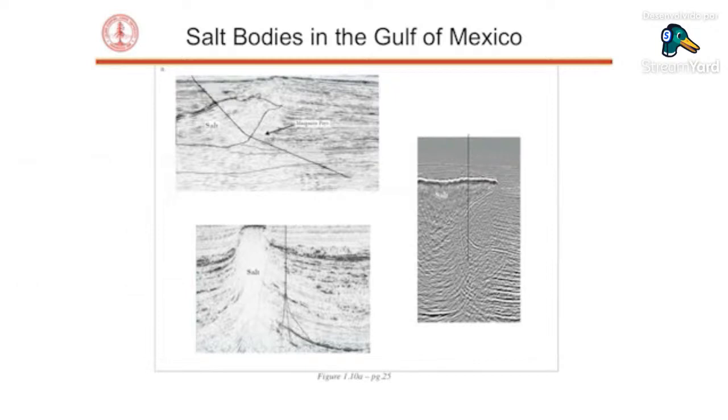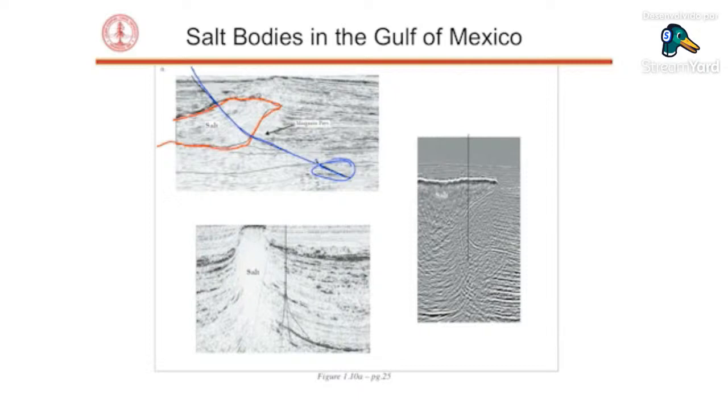So in this case, the salt body is kind of an unusual lens of salt, which is mapped seismically to be something like that. What we see here is a well that was drilled through that salt to reach some target over here, okay?